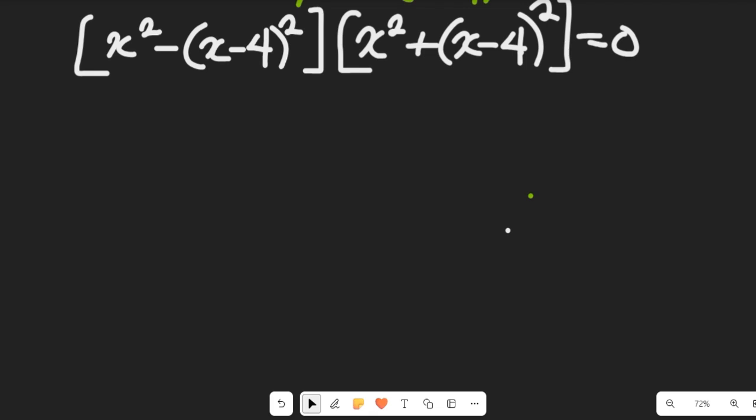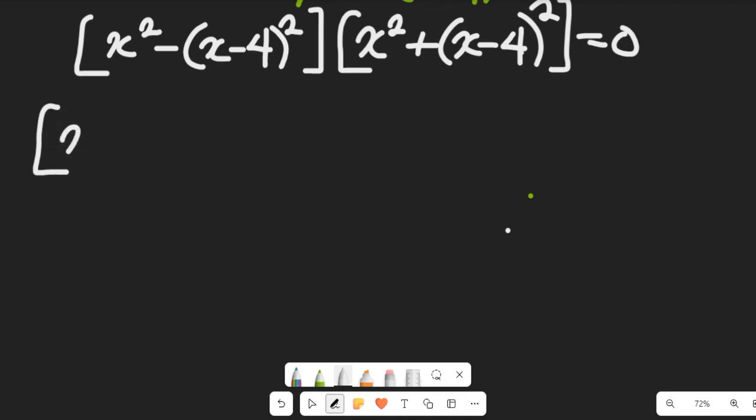This whole expression will now give us x squared minus, in brackets: x times x gives us x squared, x times 4 gives us minus 4x, and minus 4x minus 4x gives us negative 8x, and that will be plus 16.